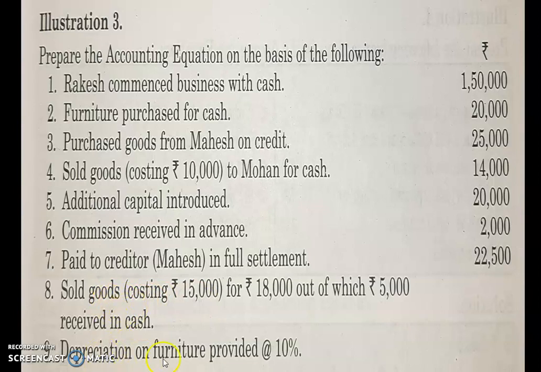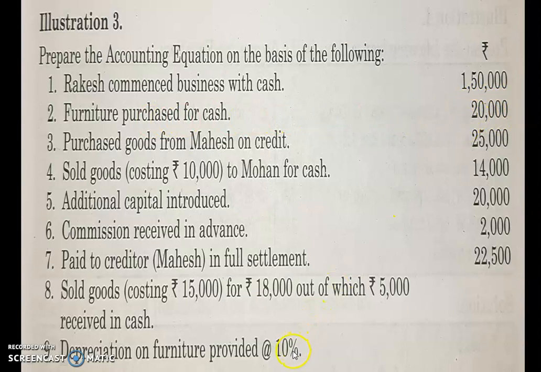Next is depreciation on furniture provided at the rate of 10%. We have studied that depreciation means reduction in the value of furniture. So how much reduction is there in the value of furniture? 10%. What is the cost of furniture you have purchased? In the second case, you may see that 20,000 is the value of furniture you have in your business.